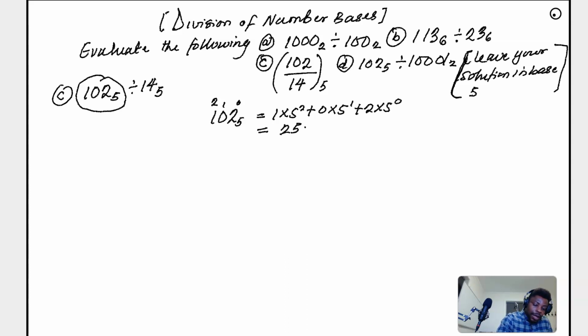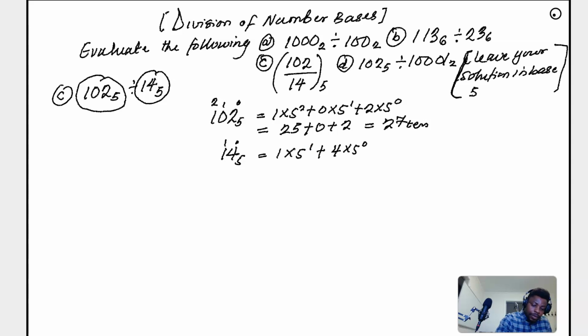So this is 25, is 0, and this is 2. So you have 27 in base 10. Let's do this one also in base 10. 0, 1. 1 times 5 raised by 1 and 4 times 5 raised by 0. This is 5 and this is 4. So this is 9 in base 10.